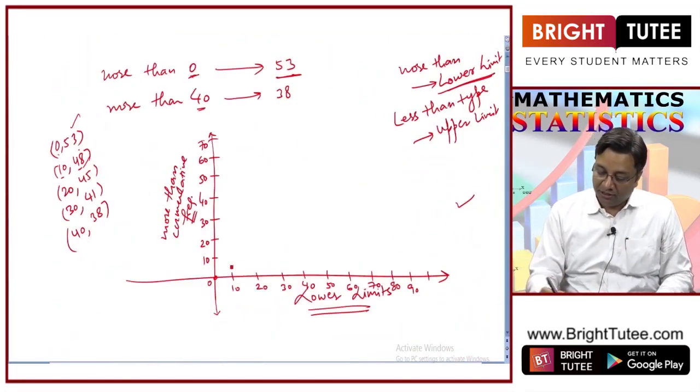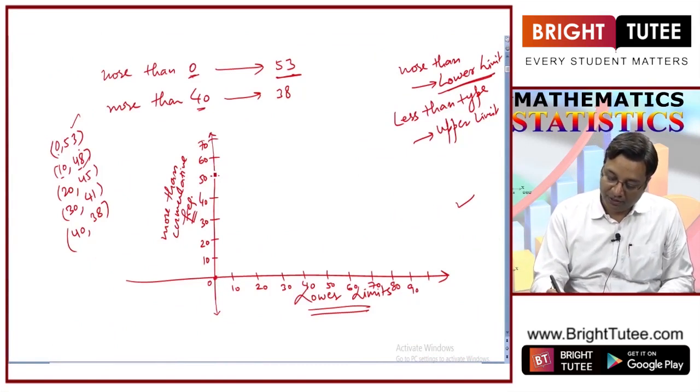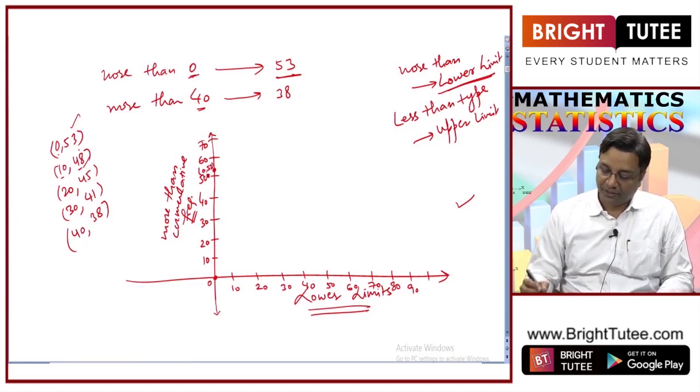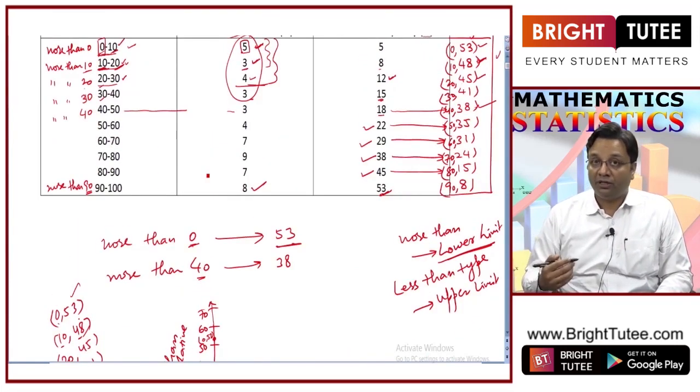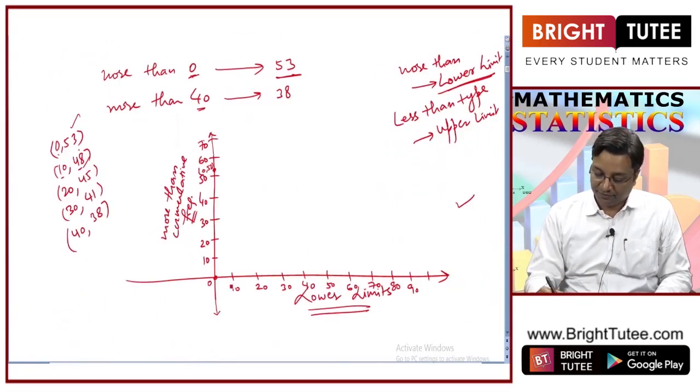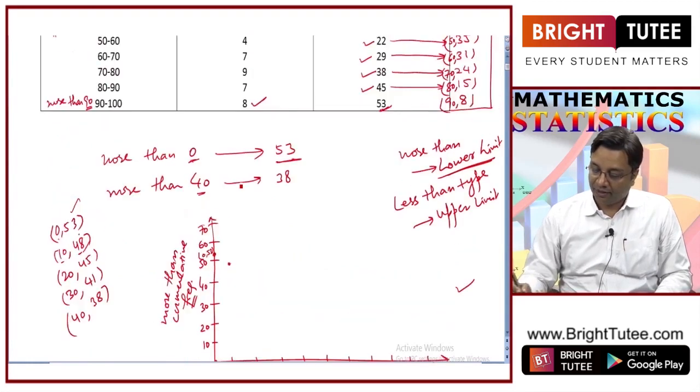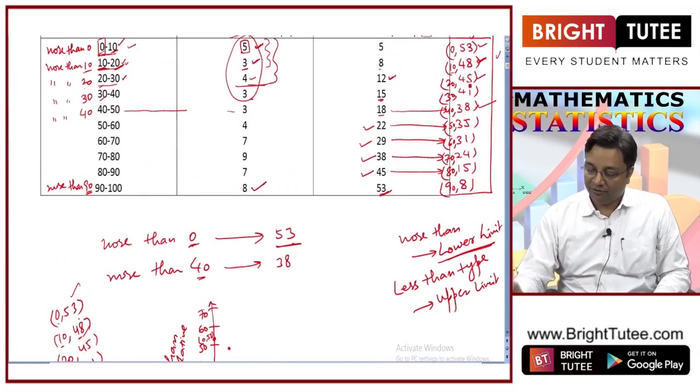So, let us draw these. 0, 53. So, 53 will be somewhere here. Let us say this is the 0, 53 point. Okay. When you are drawing on a graph paper, you will get the exact coordinates. I am drawing the rough diagram here. 10, 48. So, 10, 48 will be somewhere here. Okay. Another coordinate 20, 45.